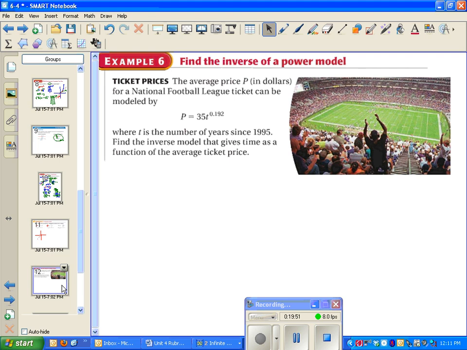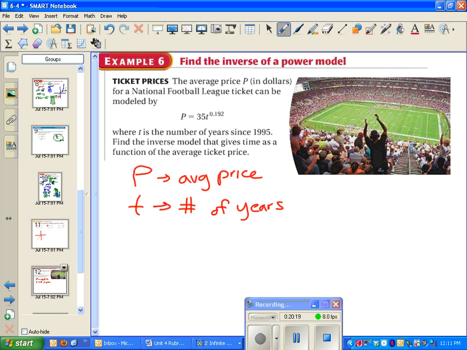Okay, so we have National Football League tickets, and it's modeled by this formula. And so we want to write down what it means. So P is the average price in dollars, and T is the number of years since 95.